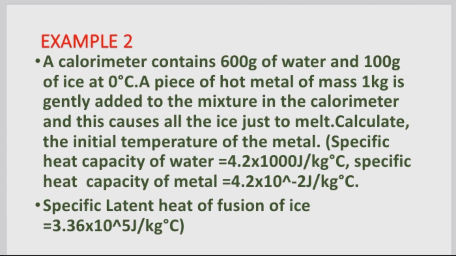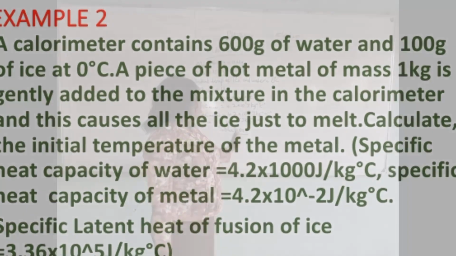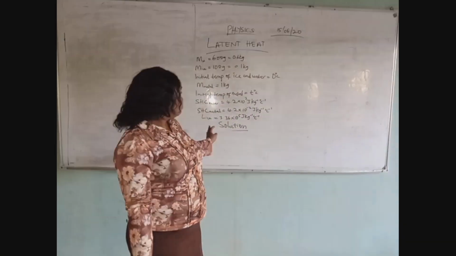Calculate the initial temperature of the metal, given that the specific heat capacity of water is equal to 4.2 times 1000 joules per kg per degree Celsius. Specific heat capacity of metal equals 4.2 times 10 raised to power 2 joules per kg per degree Celsius. Given also the specific latent heat of fusion of ice is equal to 3.36 times 10 raised to power 5 joules per kg.